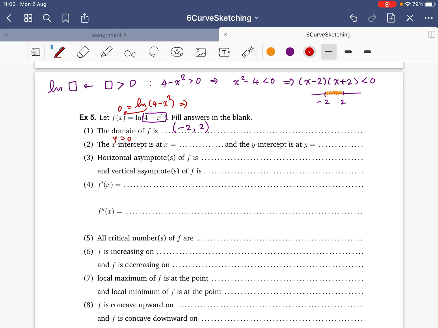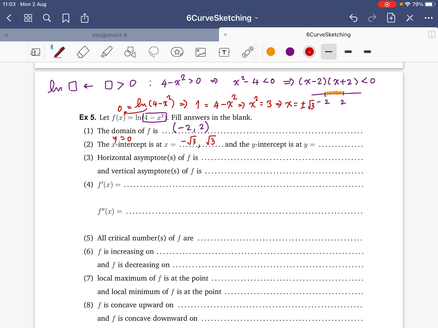So it will be e raised to the power 0, which is 1, equals 4 minus x squared. So your x squared equals 3. So the x-intercepts will be plus or minus square root of 3. So here it will be negative square root of 3 and positive square root of 3.